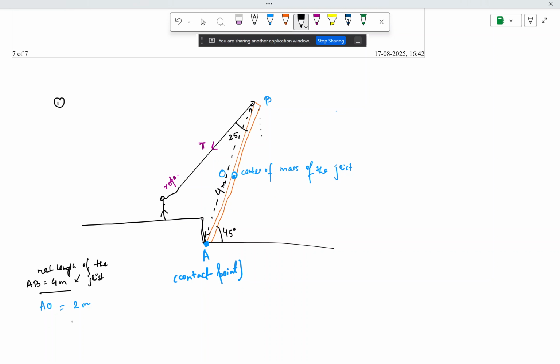This is 4 meter, and the center of mass point is exactly sitting midway, so this is half of that, so this is 2 meter, right?